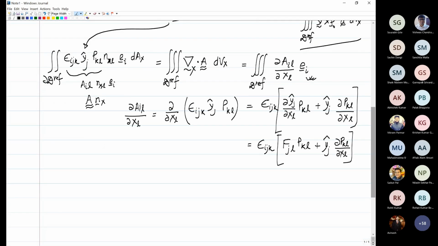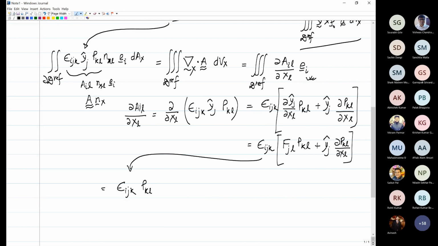Okay, now look at the two parts separately. So this is same as epsilon ijk fjl pkl, or I could also think of it as pkl fjl. They are scalars, so pkl into fjl, right?